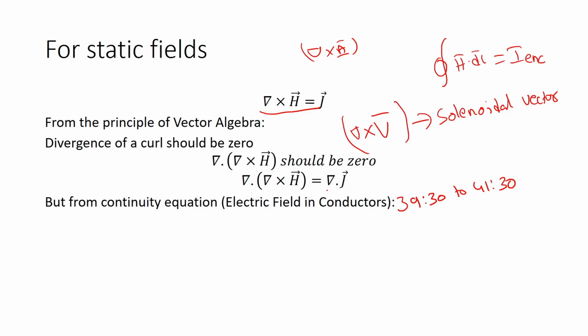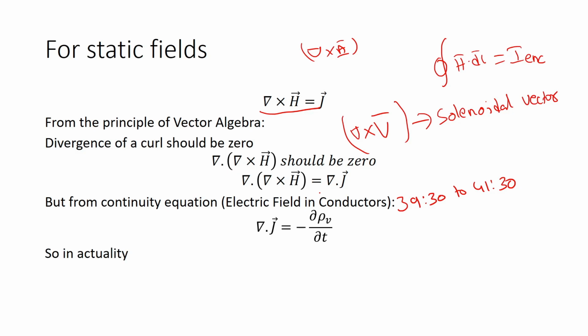The continuity equation dictates that the divergence of current density is equal to minus dou rho v by dou t, because the total current flowing outward from any closed surface is equal to the charge leaving the closed surface. So divergence of J bar is equal to minus dou rho v by dou t.